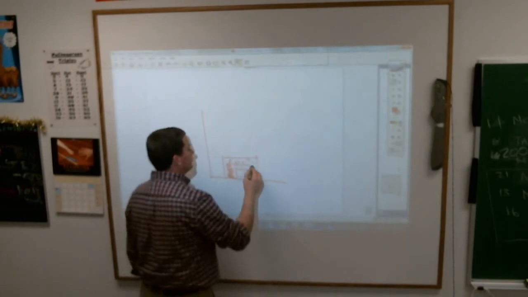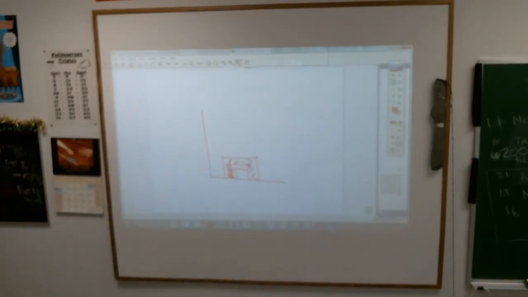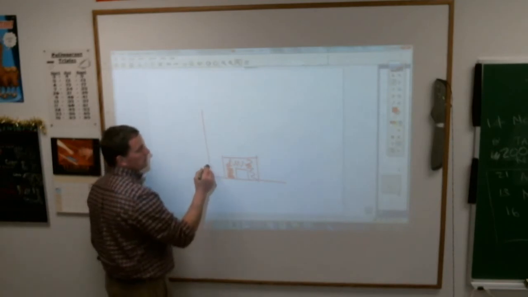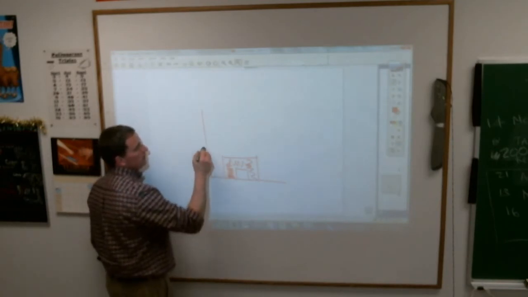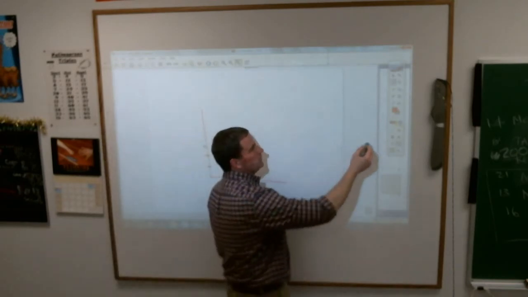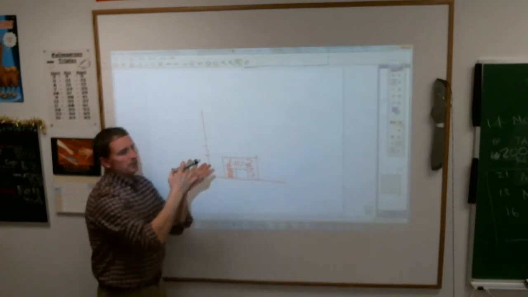Blue. And the book said, draw the image of your figure reflected across the horizontal line y = 3. So here's y = 1, here's y = 2, here is y = 3. Notice how we talked about folding and flipping and matching up.